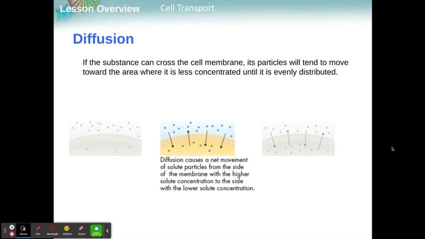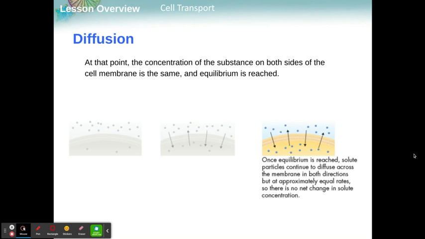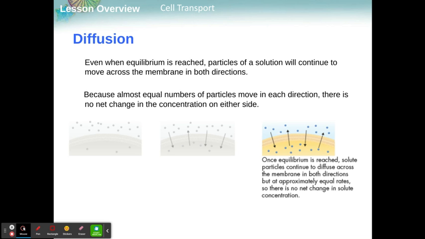So we have diffusion occur across that membrane, and it's going to lead to an equalization or equilibrium that's reached when there are the same amount of particles inside the cell as outside and vice versa.